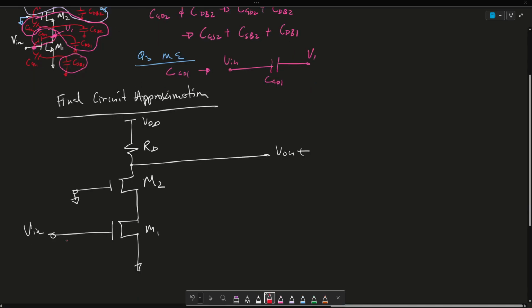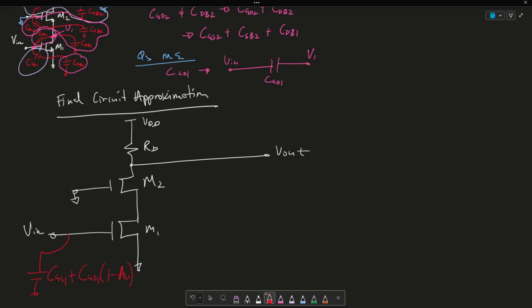So then over here, we get two capacitors added to one another, which being CGS1, which again is this capacitor right here, plus CGD1 times (1 minus AV), right? It's the capacitor that experiences Miller's effect times the Miller's multiplication, which is 1 minus AV.